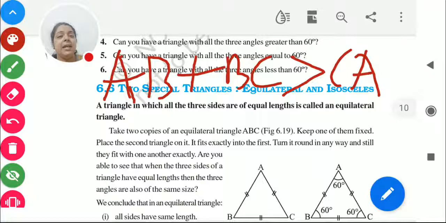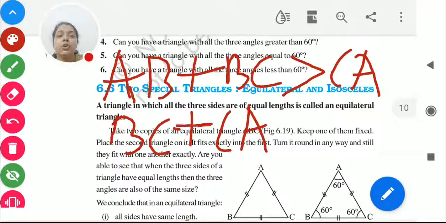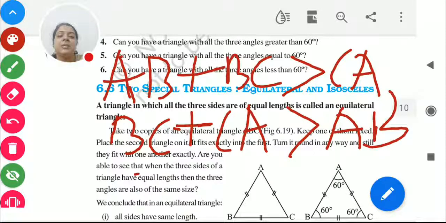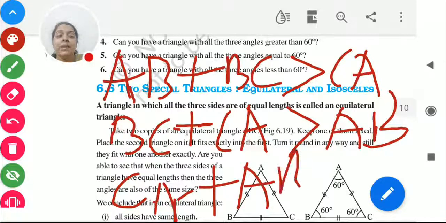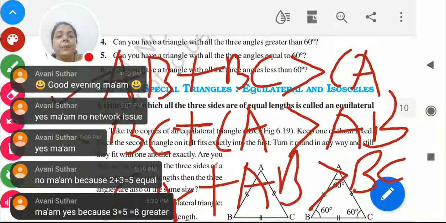Remember, BC plus CA should be greater than AB. Then CA plus AB should be greater than BC. All the conditions are compulsorily to be applied. It's not that you have taken one and it shows that you are able to.